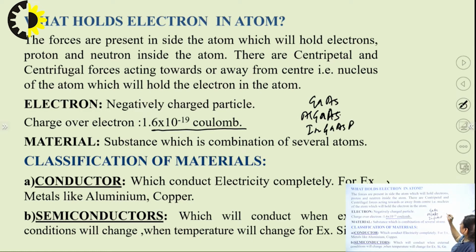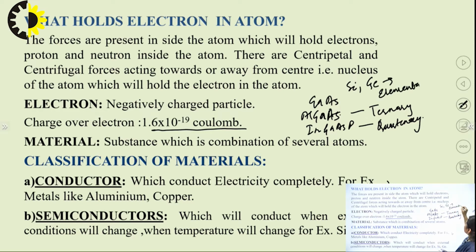These are some ternary and these are quaternary compounds. Before this, I want to tell you that silicon and germanium are called elementary semiconductor materials, and these are compounds.